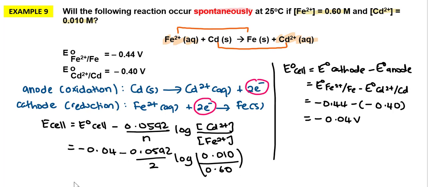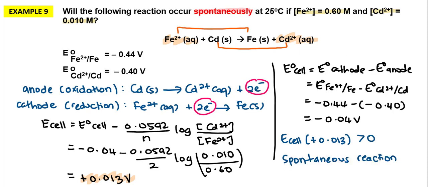All right, so the E cell value is positive 0.013 volt. So since the E cell is bigger than 0, the reaction is a spontaneous reaction.